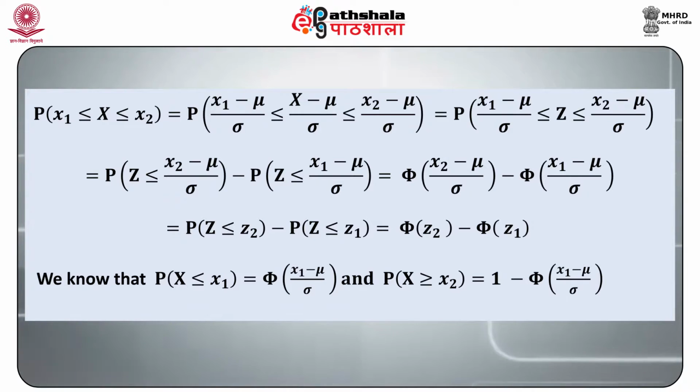We know that the probability of x less than or equal to x1 is equal to phi of (x1 minus mu) upon sigma, and probability of x greater than or equal to x2 is equal to 1 minus phi of (x2 minus mu) upon sigma.